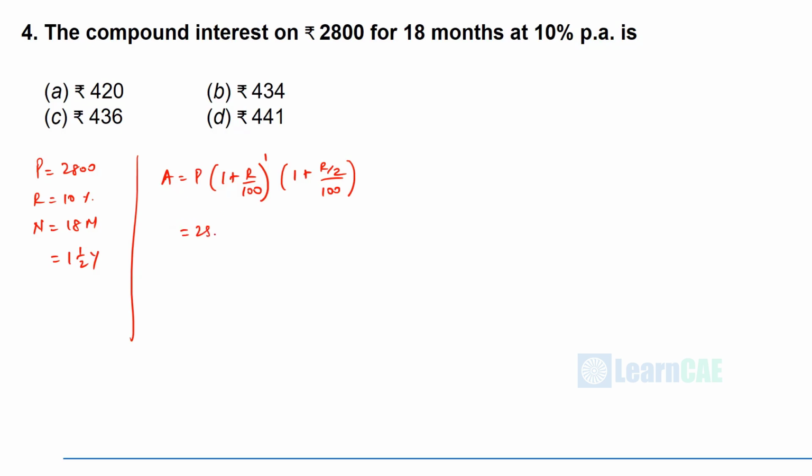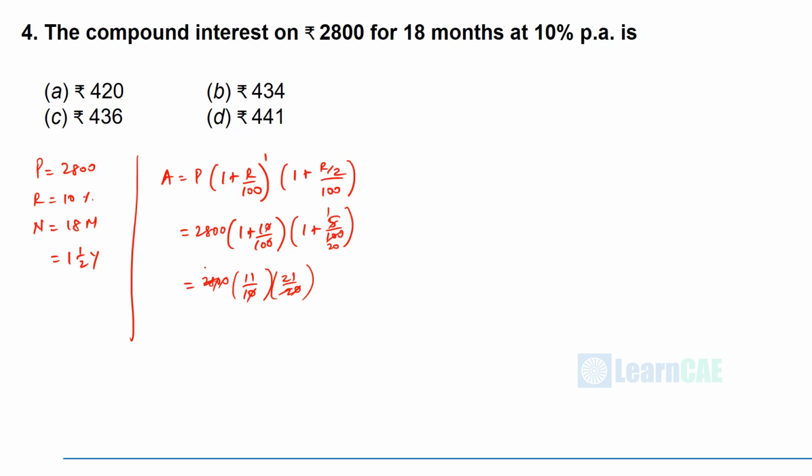Principal P is equal to 2,800 into 1 plus r is 10%, 10 by 100, into 1 plus, in the second case we have to divide the rate of interest by 2 because it is half yearly for the second year. So this will be 5 by 100. So we can write 2,800 into, this will be 1 by 10, so effectively it will be 11 by 10, and here it will be 1 by 20, so it will be 21 by 20. We shall divide the common zeros.